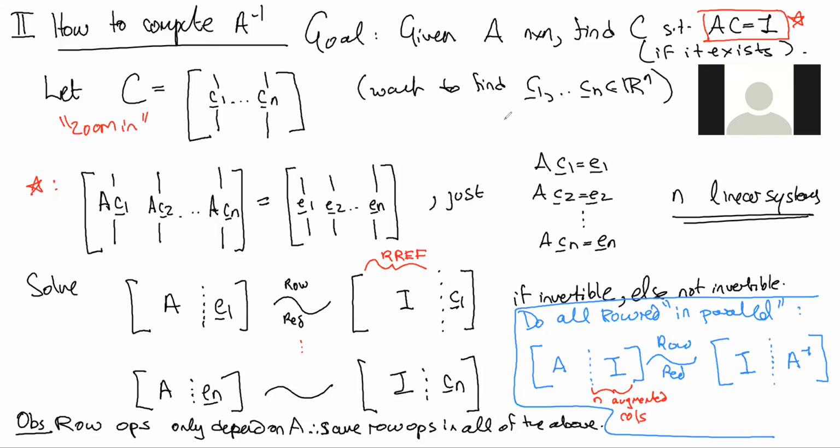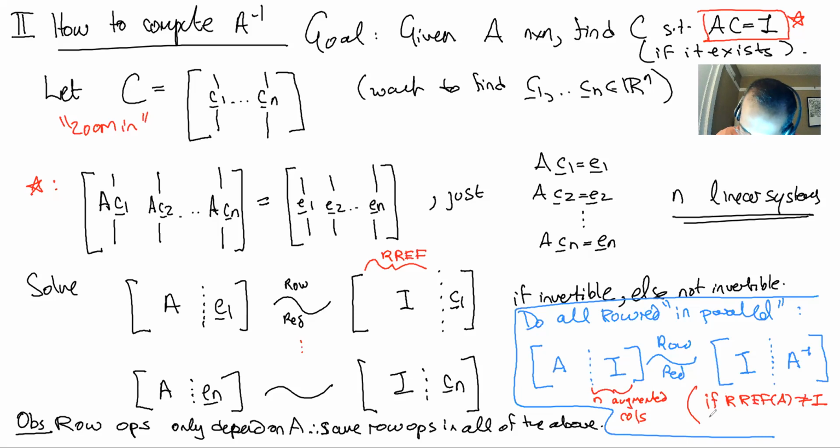So, Professor, when we row reduce the augmented matrix, there cannot be a free variable in it. That's right. So if there is a free variable, or if for some reason you don't get that the reduced row echelon form is identity, then it's not invertible. So maybe I should add that case. So if RREF of A is not equal to identity, then not invertible. That comes from the invertible matrix theorem, right?